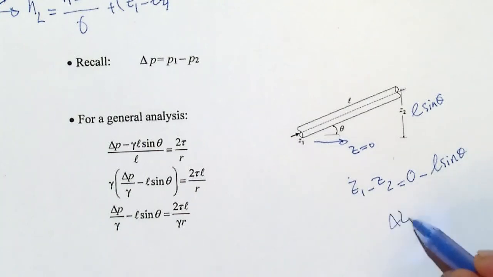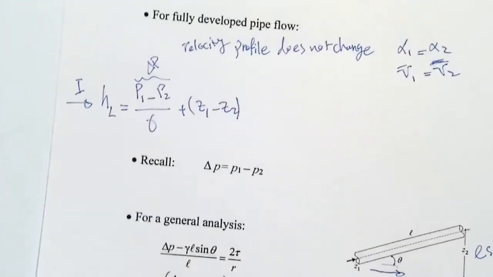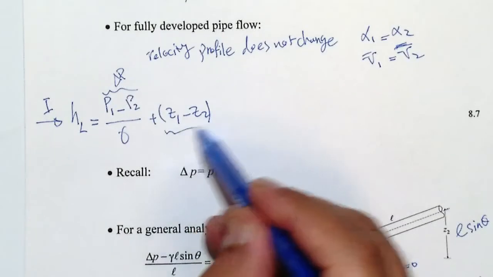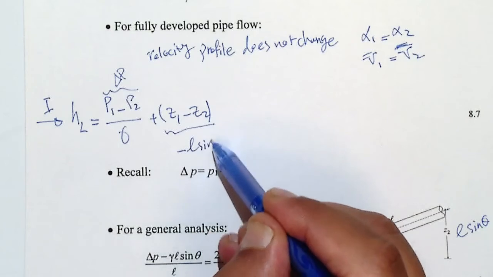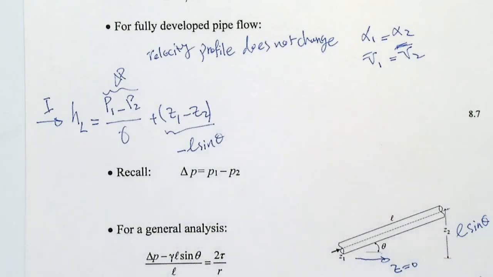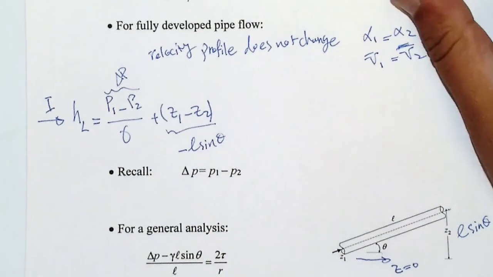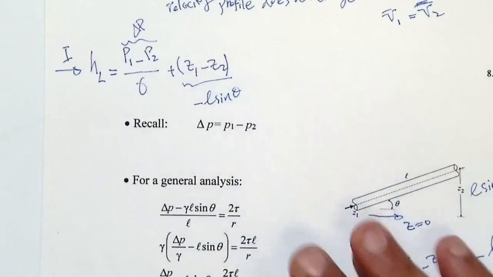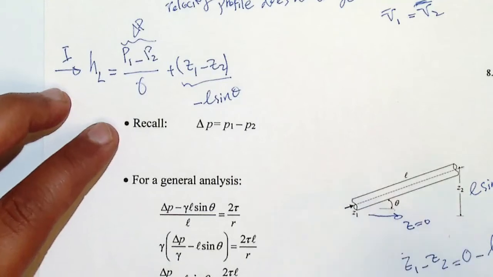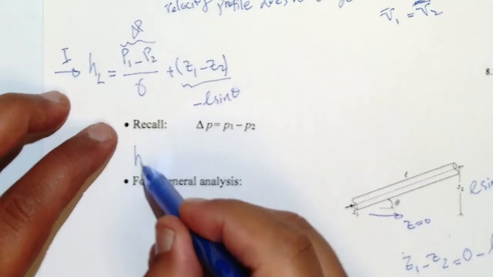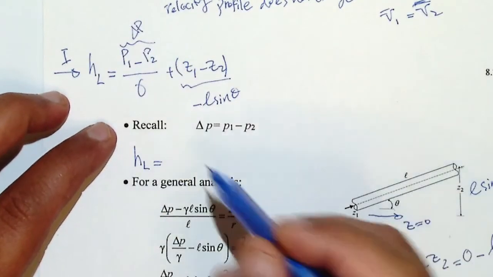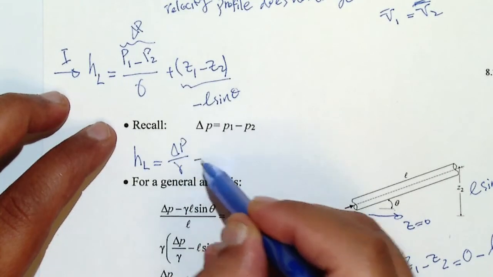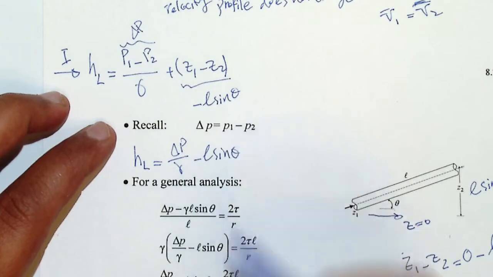Then delta Z that you have in the loss function is going to be minus L sine of theta. By replacing delta P here and minus L sine of theta, you can write that HL, which is your loss, is equal to delta P over gamma minus L sine of theta.